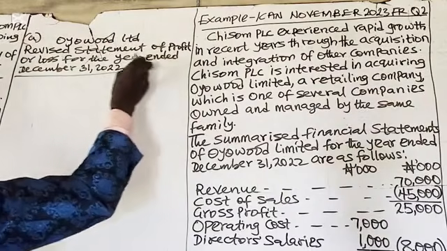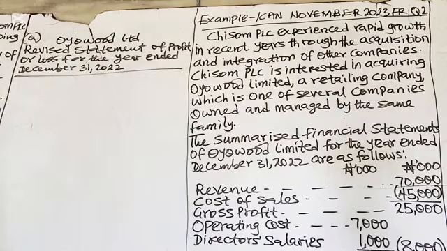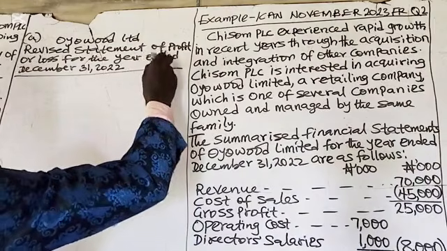By revised statement of profit or loss, we mean the statement of profit or loss prepared after incorporating the adjustments provided. Remember, the amounts are in thousands.